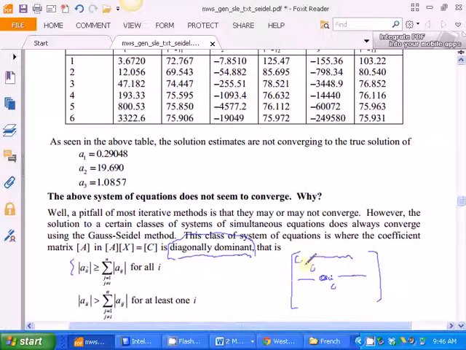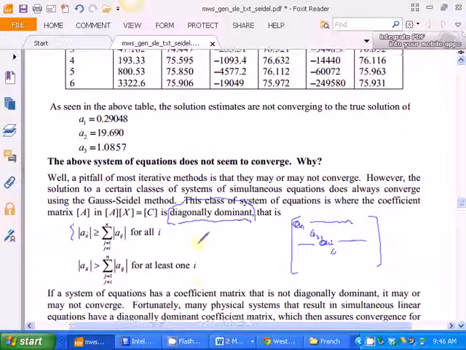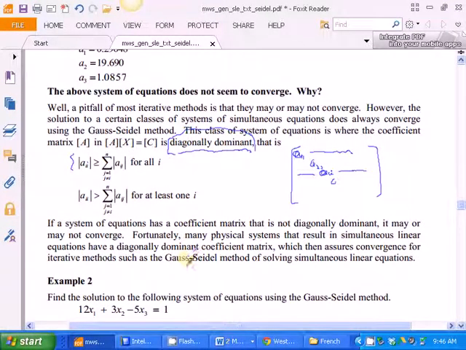And that has to be true for every diagonal element. So for instance, a11 needs to be larger than the sum of the absolute values of all of these entries, a22 must be larger than the sum of the absolute values of all of these entries, etc. If you have a matrix in this situation, then the Gauss-Seidel method will converge, and will converge very quickly.